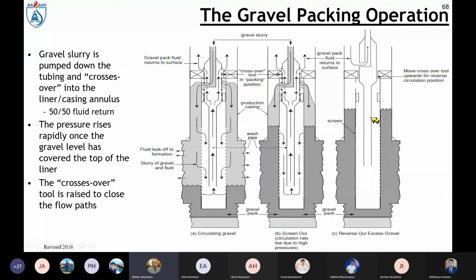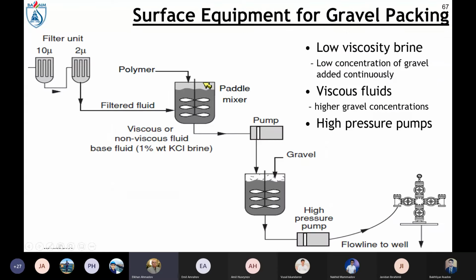So again, the fluid is processed through the filters up to the 2 micron solids, and then the filtered fluid goes through this paddle mixer with the polymers to get viscous or non-viscous fluid or some additives to get some specifications to deliver the gravel in different conditions.